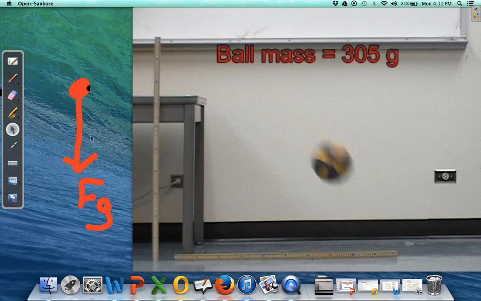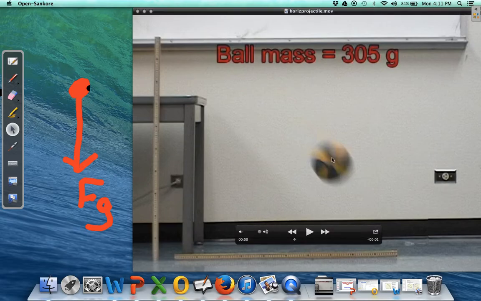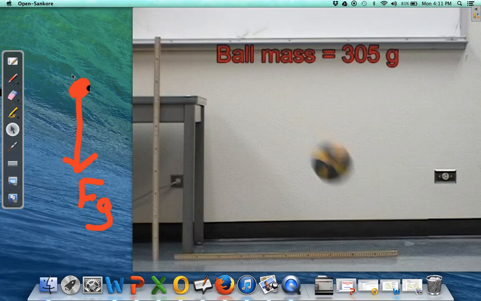Okay, since we just have that one force acting on the ball, the forces are unbalanced, meaning there's a net force acting on the ball. The net force is the force of gravity. That downward net force causes the ball to accelerate in that downward direction. Anytime you have a net force, it's going to cause something to accelerate.